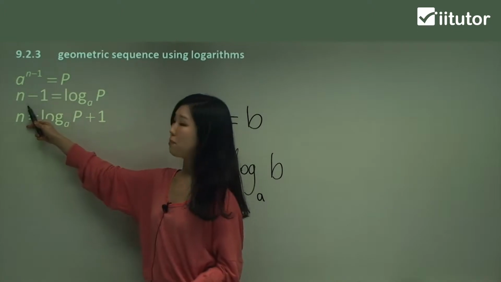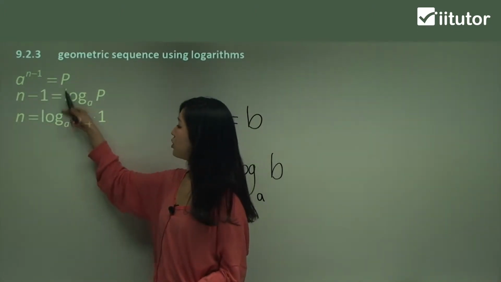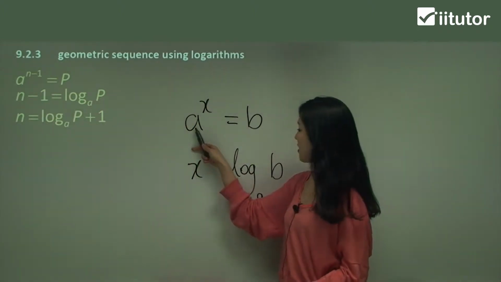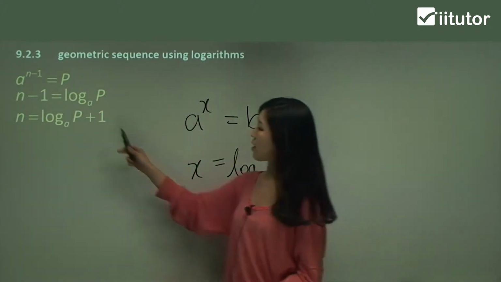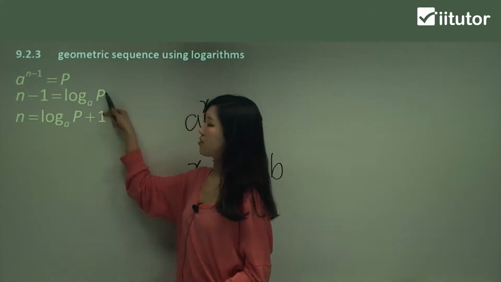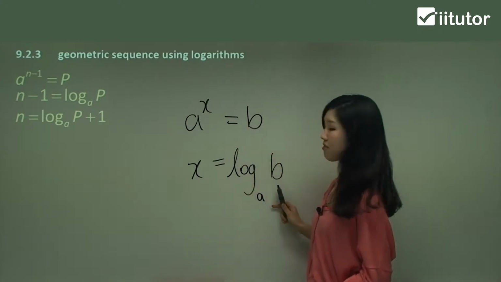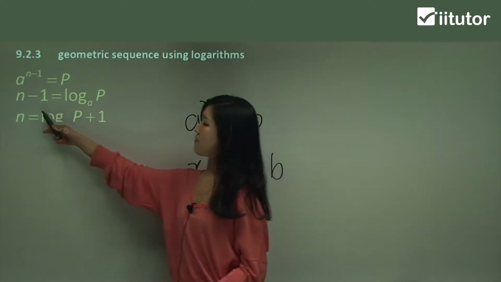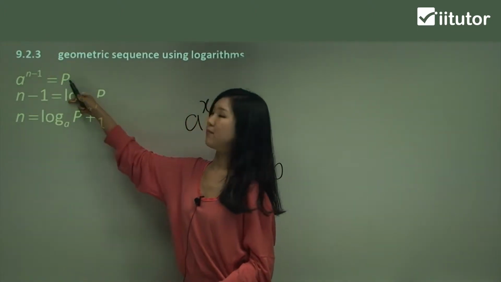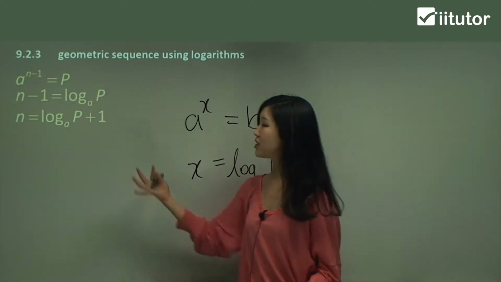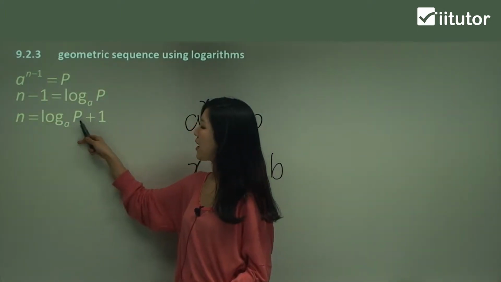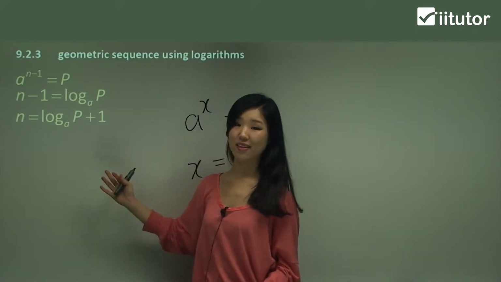So n minus 1 equals log base a, so that a goes down, see how here that a goes down as well, and then the p goes after the log, just as b goes after the log. Therefore n minus 1 equals log base a of p. To solve for n, simply move the minus 1 over and make it log base a of p plus 1. And that's the value of n.